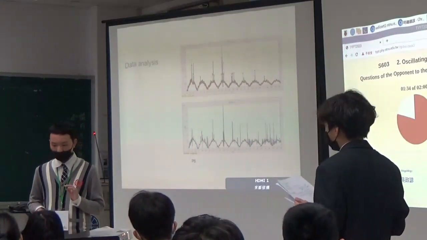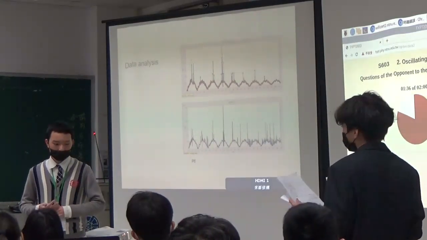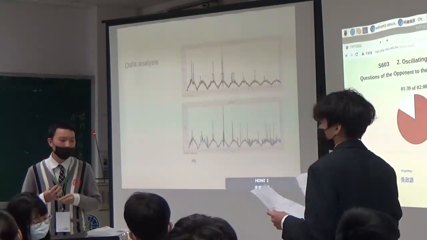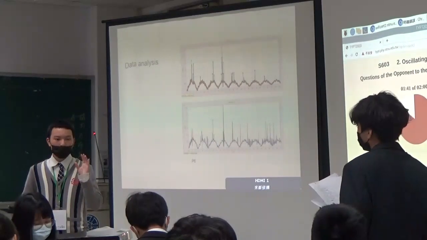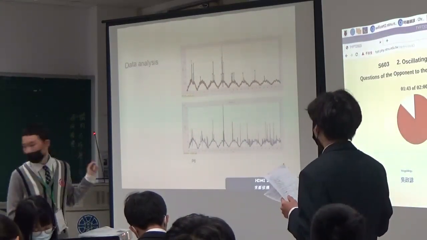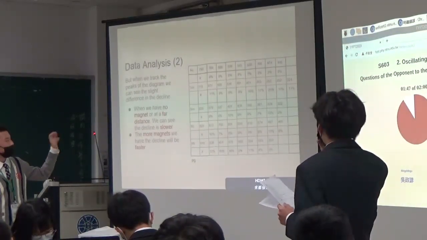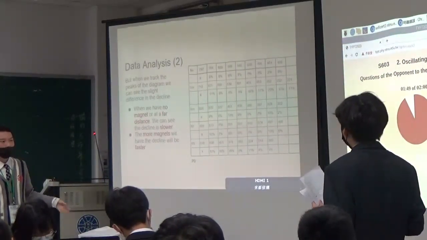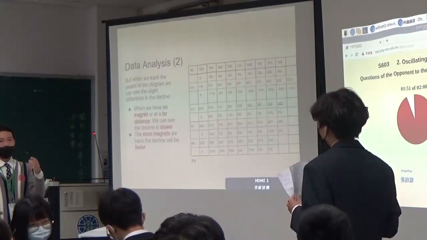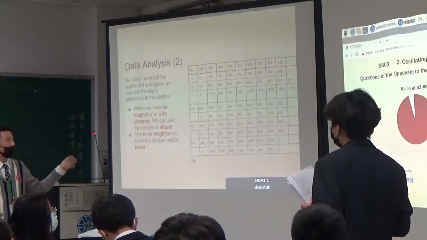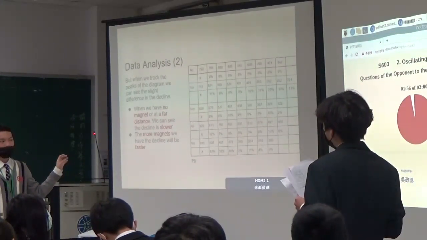I think you misunderstood a little bit of my presentation. I originally thought it was because it's too small, but actually from the diagram you can see that there is still a difference, as I said before. That means the force might not be as obvious, but it is still present in my statistics.